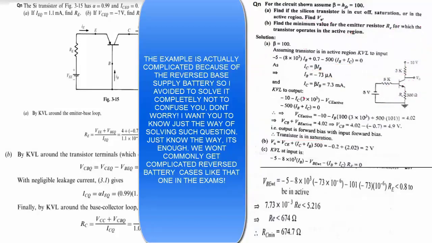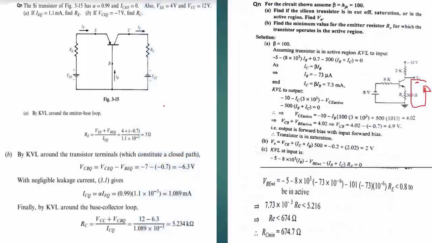So finally kwa kumalizia kutafuta V output, tunaweza tukatumia hii loop hapa. Okay, tukasema kwamba V output ni sawa na VCE, as you can see hapo, VCE plus product ya IE times hiyo resistance hii hapo.